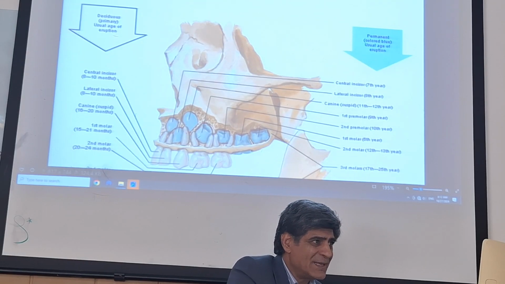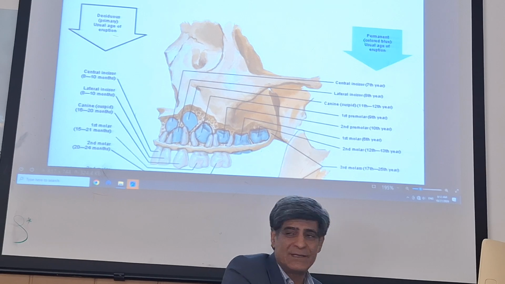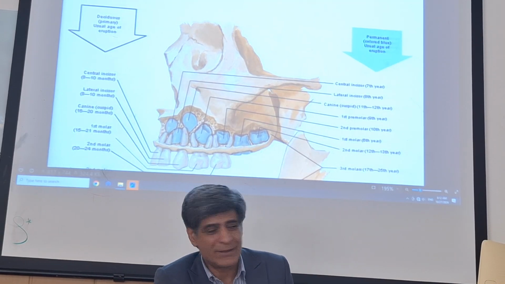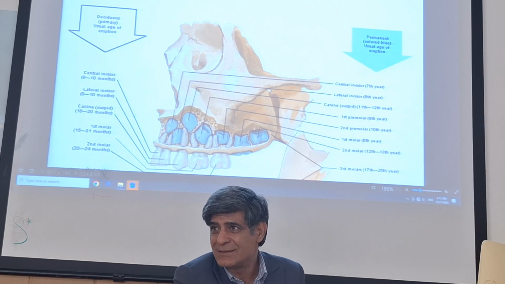The two groups are deciduous and permanent. What is the meaning of deciduous? Temporary. And permanent.